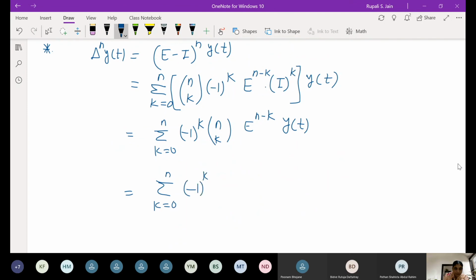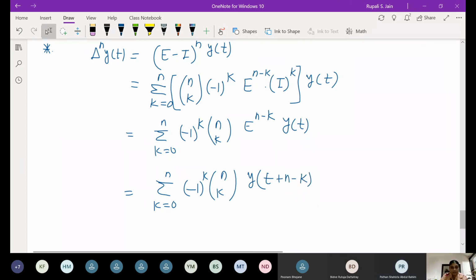I just have to shift by n minus k, so it is y at t plus n minus k, and we get the same formula.